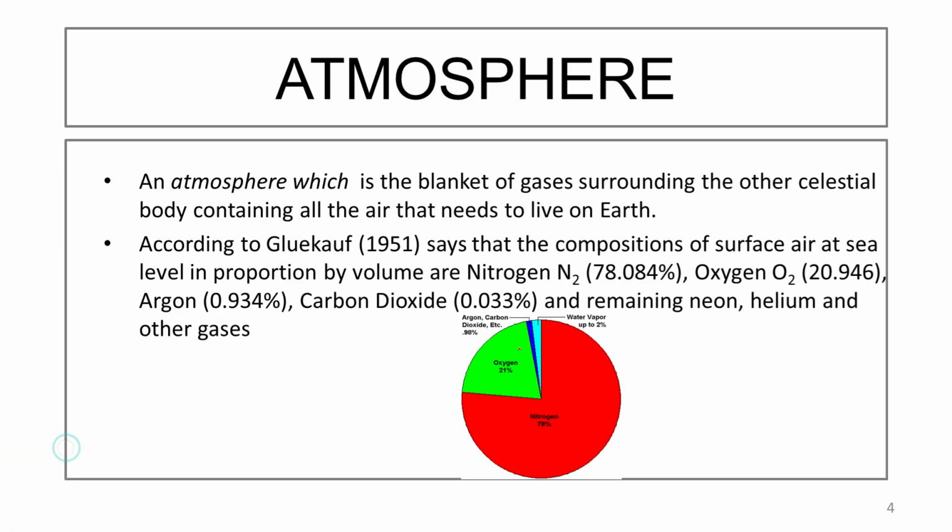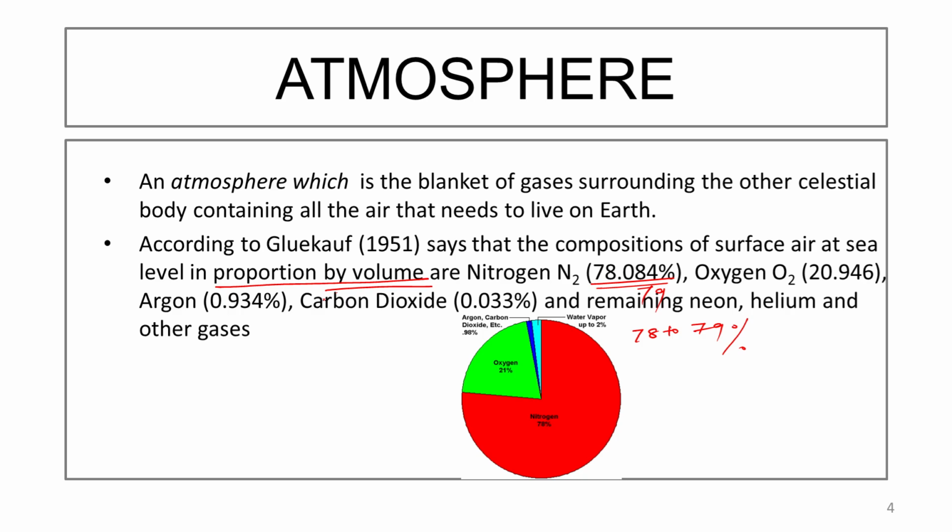This is 78. Some textbooks write it as 79, so it varies from 78 to 79%. You can take it as granted. This 78 to 79% is the proportion by volume. This is a point that the majority of students get wrong.